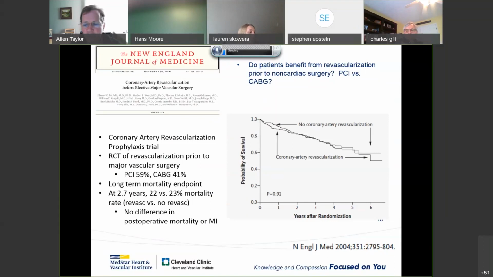At 2.7 years, there was no difference in overall outcomes for the catheterization versus the no catheterization group based on revascularization status, such that there really isn't any benefit to revascularization prior to non-cardiac major elective vascular surgery. And so this really began to put the dampers on stress testing and routine cardiac imaging and catheterization prior to major surgeries such as vascular surgery.